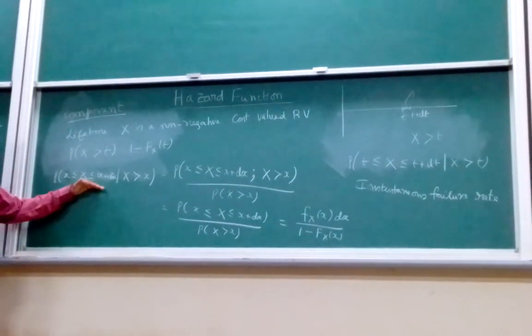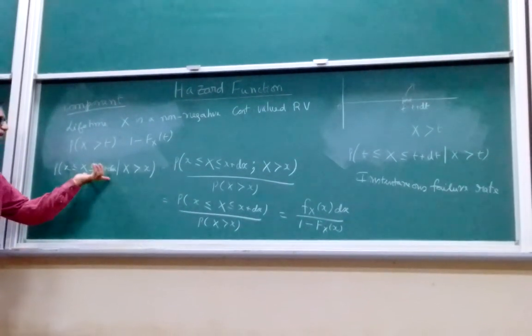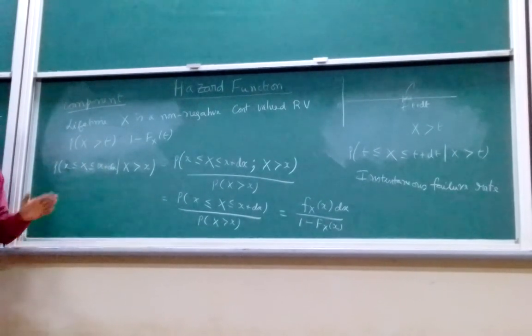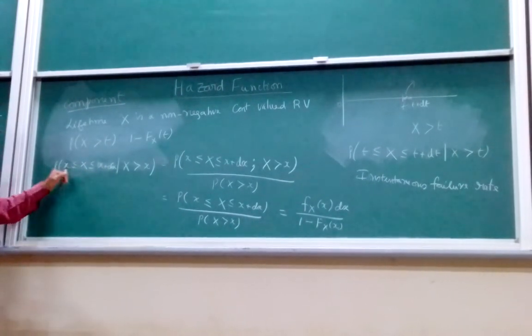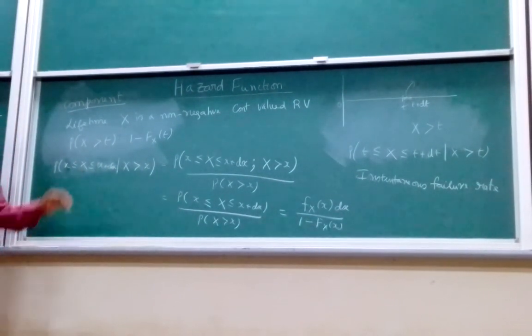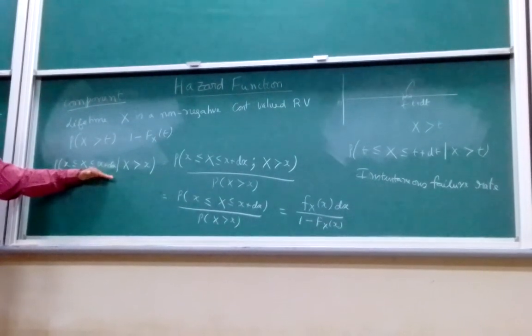So if you look at this one, what is this probability? What does it signify? It is the conditional probability that X will lie between x and x plus dx, given that X is greater than x. It is just a conditional probability.